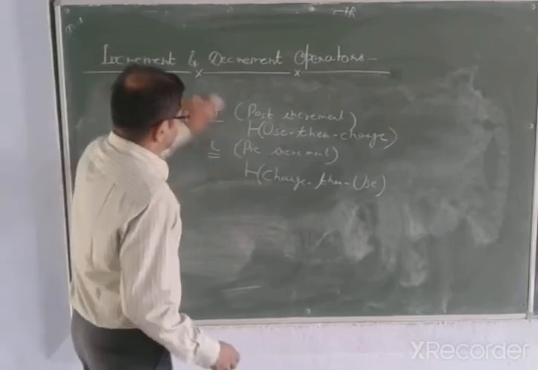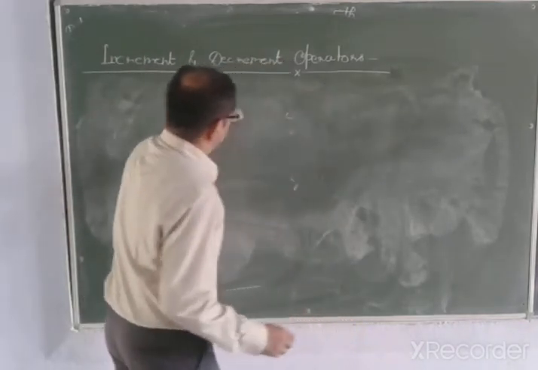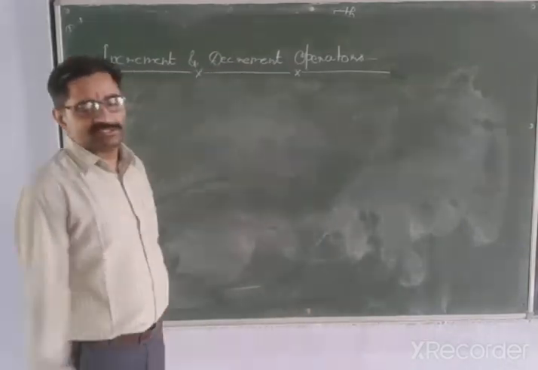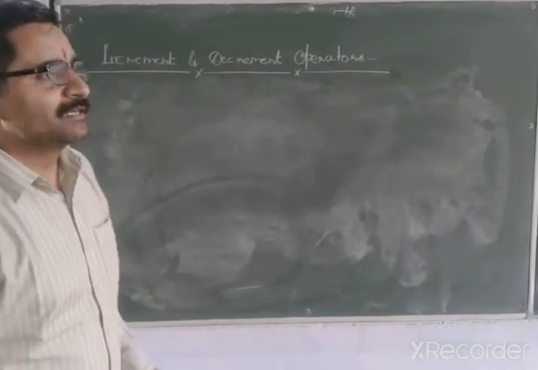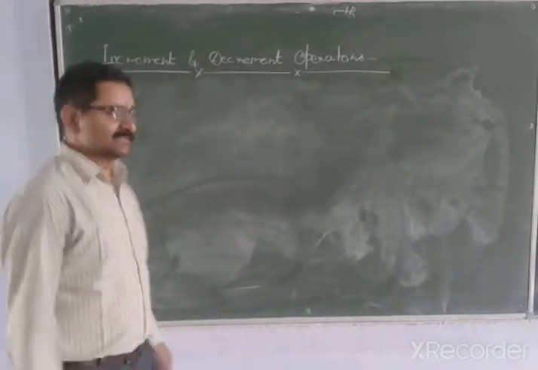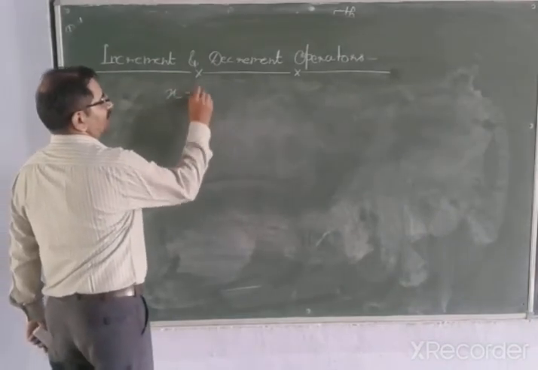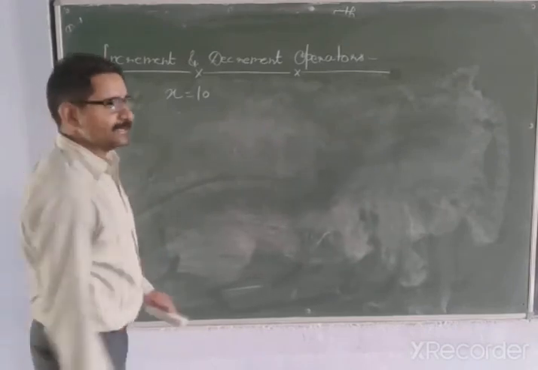Now, use then change and change then use, how can we apply both? With the help of a simple example, you can get the meaning of both principles. Let us take the value of x as 10. The value of x is 10.